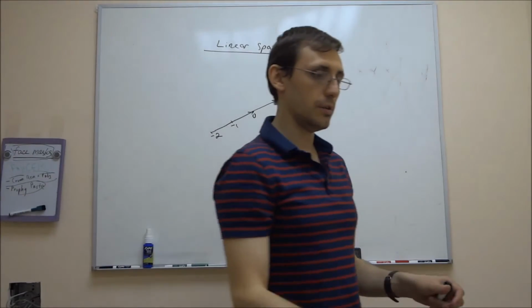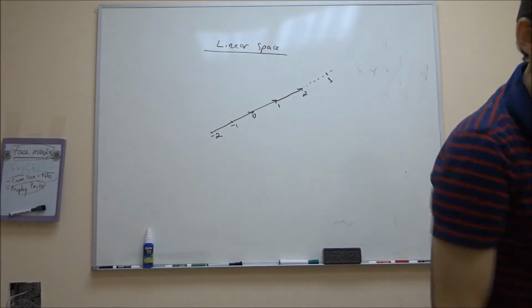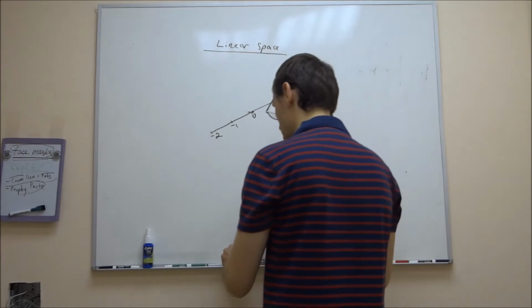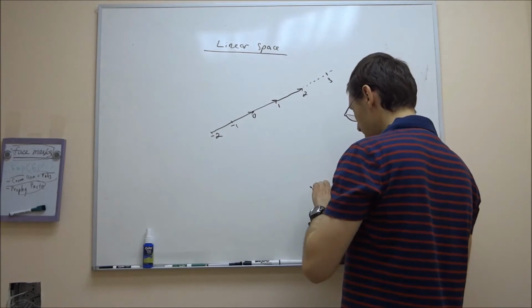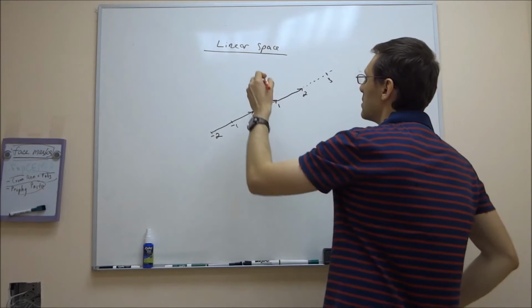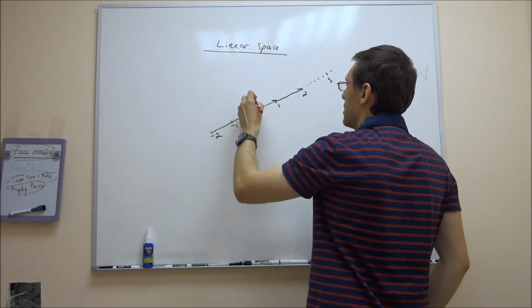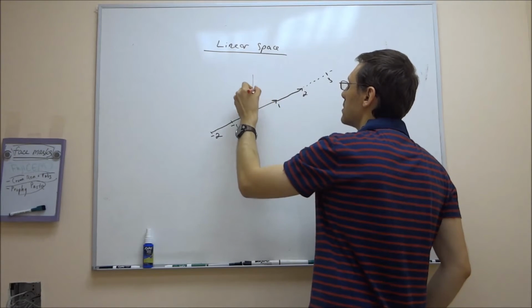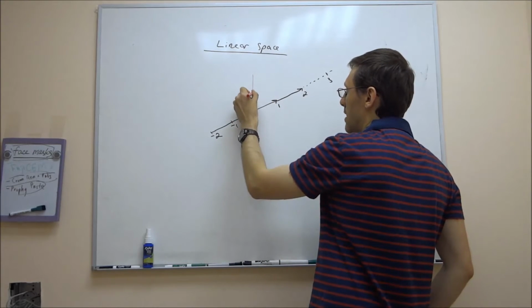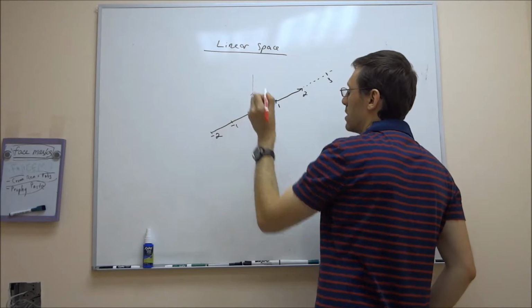So we can now make the situation slightly more complicated. So suppose what you have now is another direction that is drawn from the origin. So then you have two types of motion.